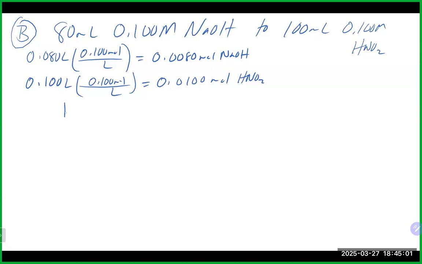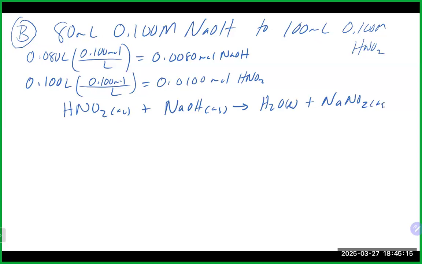So a little HNO2 plus some sodium hydroxide, your acid-base reaction, gonna give us some water here and a little sodium nitrite happening. Initially here we have 0.01 moles, we have 0.008 moles, and we have 0.